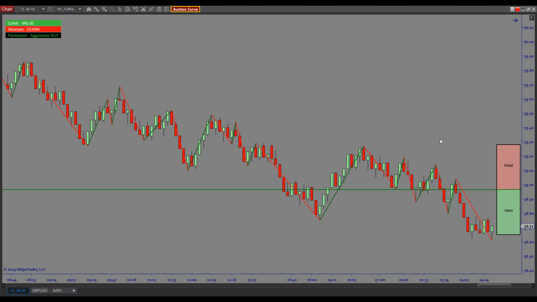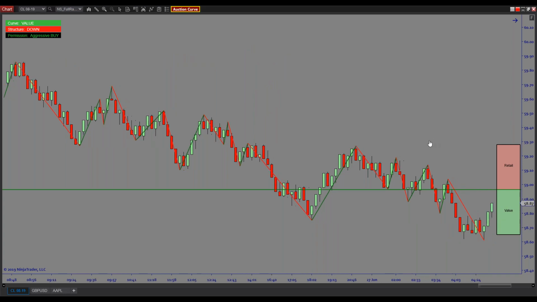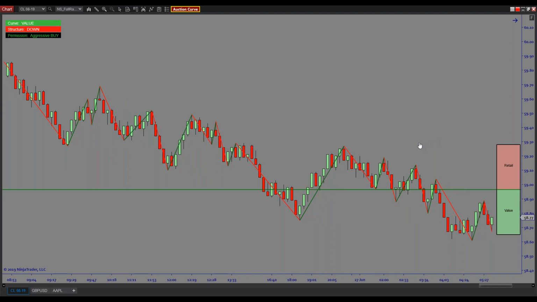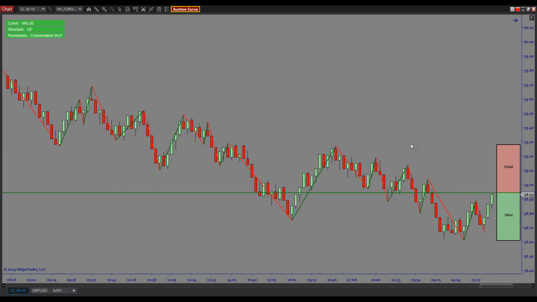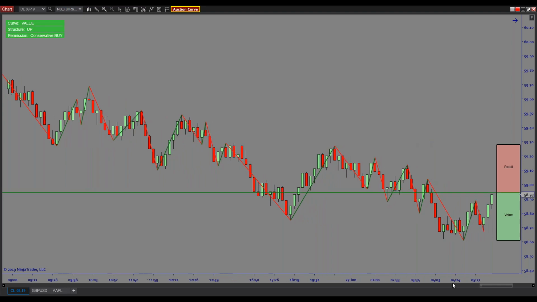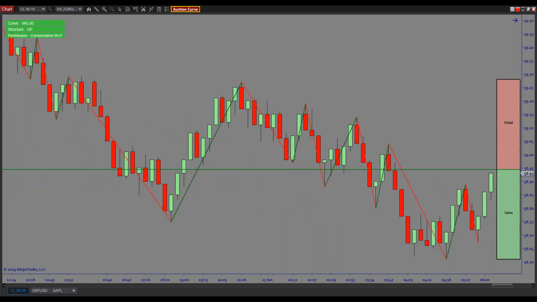Okay, so let's continue on. Let's keep going here. Wait for it. Wait a second. Look at the dialog box that just took place there. You're cheap. Structure changed to up. Conservative buy. Now, this does not mean you should buy the market.